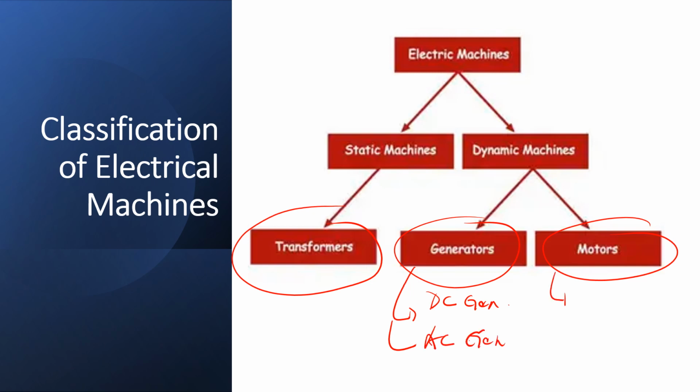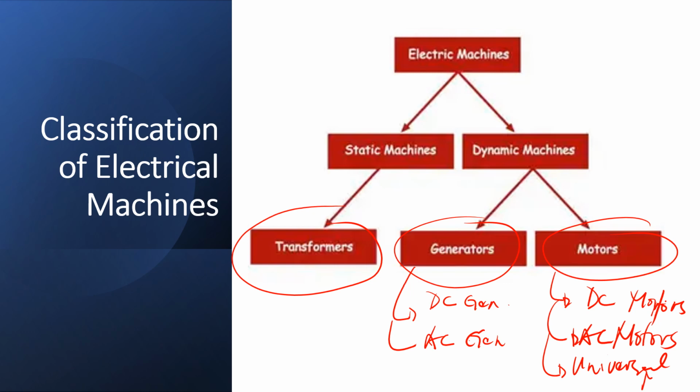And under motors, we have DC motors, AC motors, and universal motors. In this course, we will talk about DC generators and DC motors.